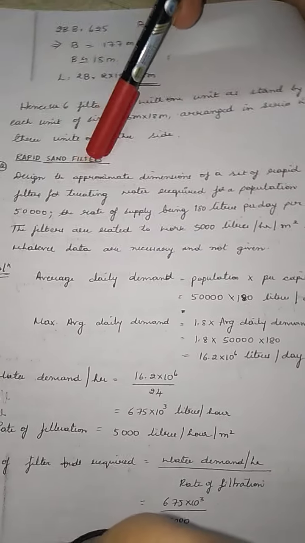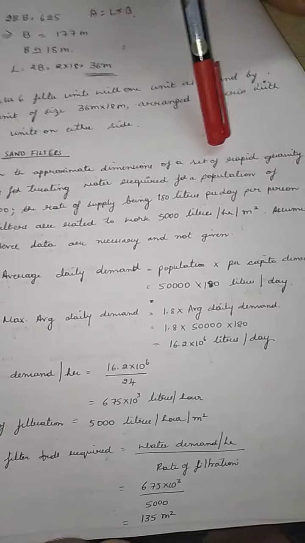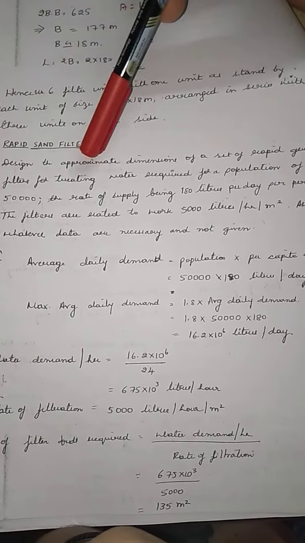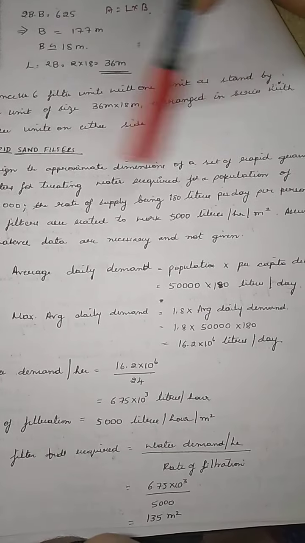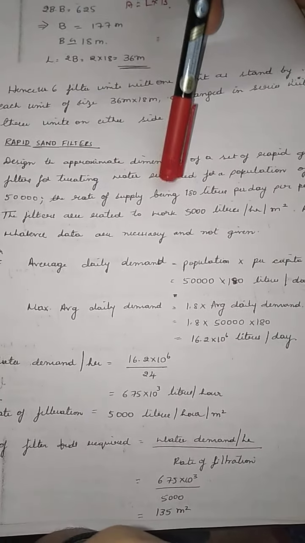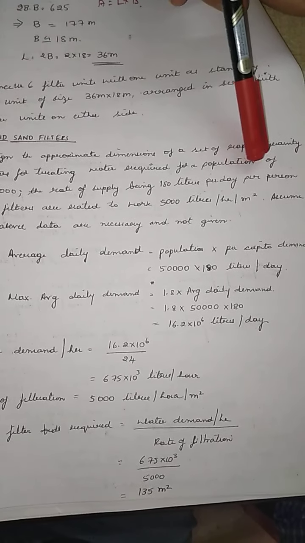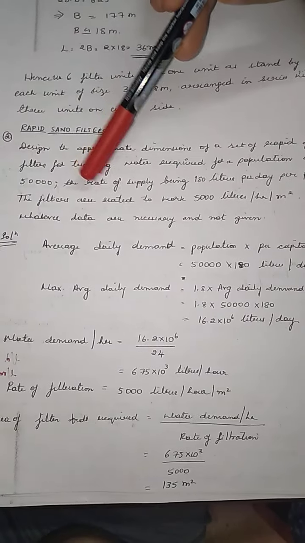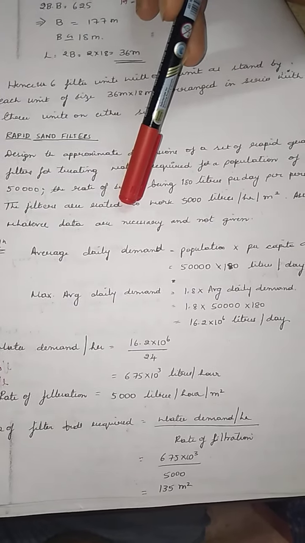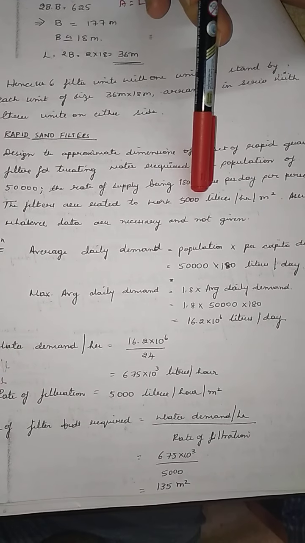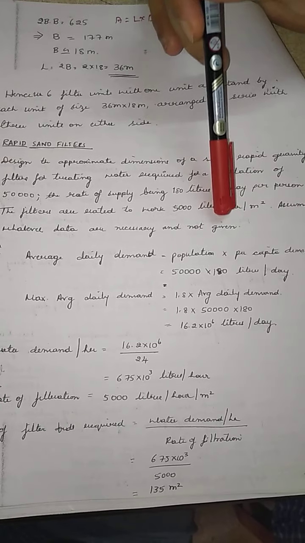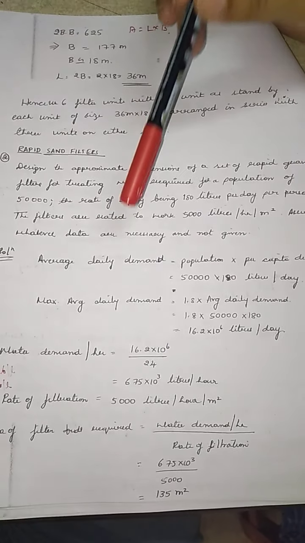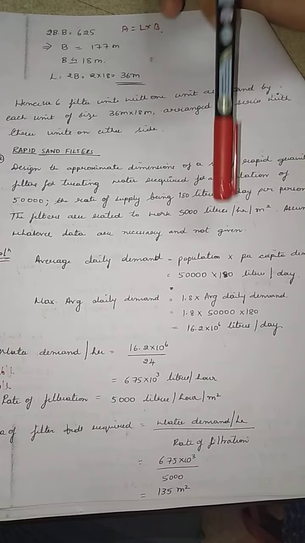First, we'll design the approximate dimensions of a rapid gravity filter for treating water for a population of 50,000, at a rate of water supply of 180 liters per person per day, and the filters are rated to work at 5000 liters per hour per square meter. That means it is the rate of filtration. Assume whatever data are necessary and not given.